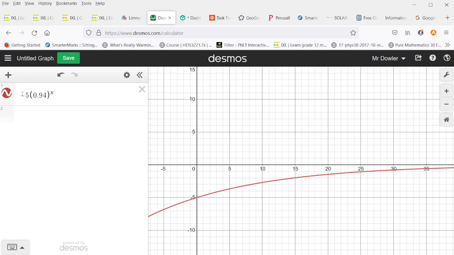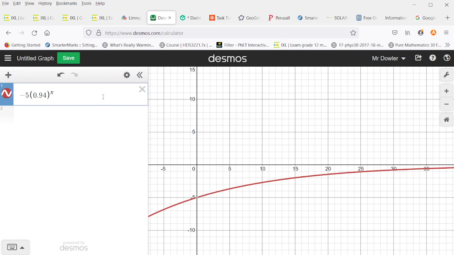If we use a positive number here and an exponential of 1.06, then we're growing exponentially, and we will not have that asymptote that we are looking for. We need a horizontal asymptote at 0.